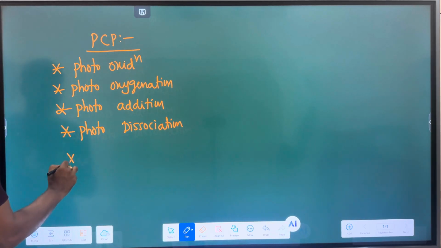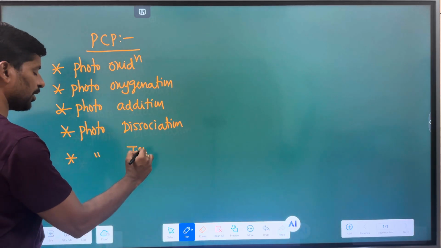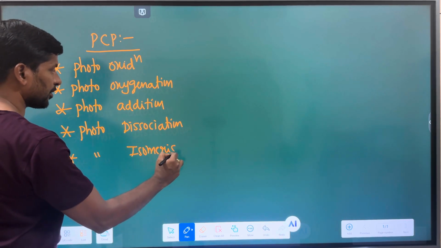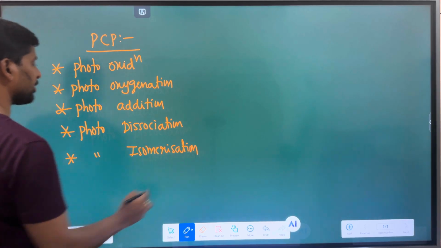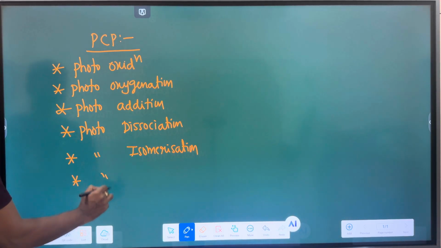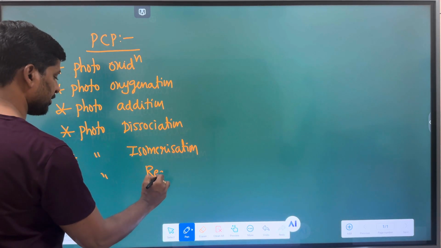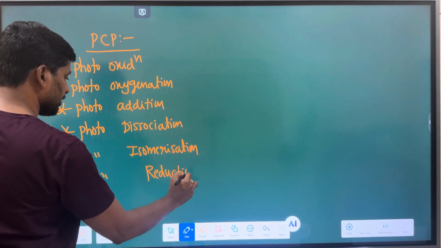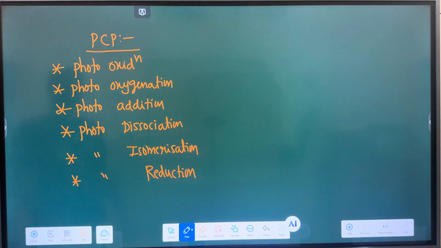So the various examples of photochemical processes: photo isomerization, photo reduction, photo addition, photo dissociation, photo halogenation.